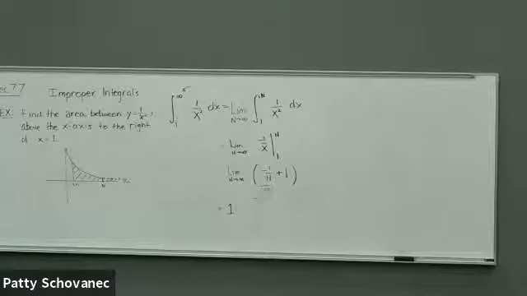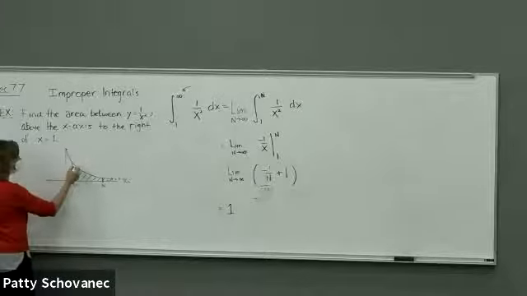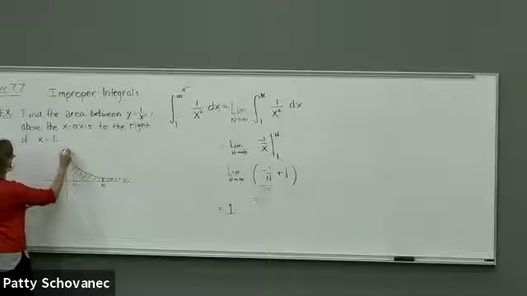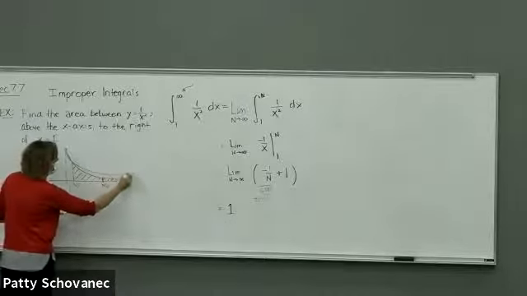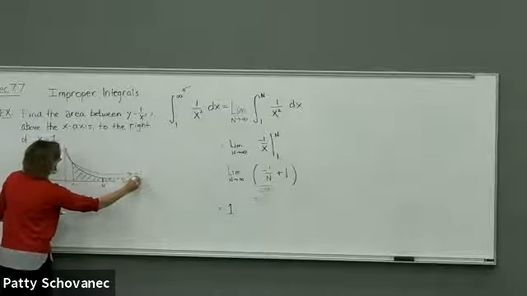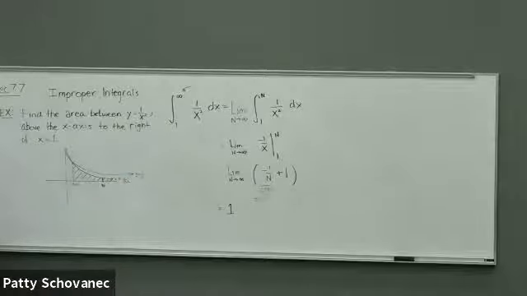Both of them pass through 1, 1. But 1 over x is a little bit taller. They'll pass at the same point at 1, 1, but 1 over x will look something more like that, the blue one. Tighter to the y-axis, but wider away from the x-axis.